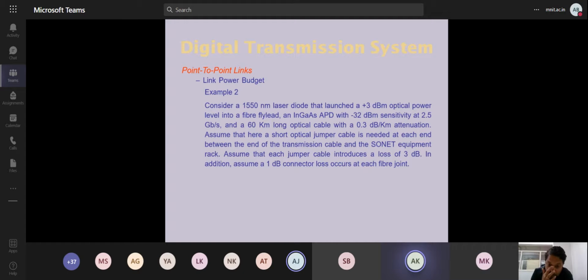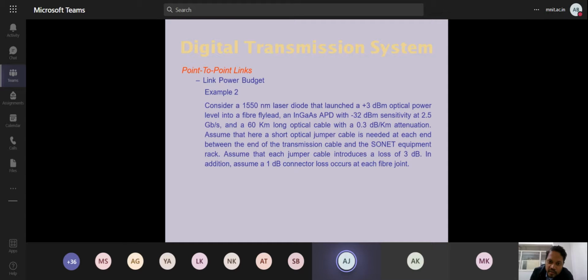Fine. Of course, here it says to assume that each jumper cable introduces a loss of 3 dB. You can also say that you're assuming this loss of 3 dB includes the losses because of the connectors. In such a case, there will only be two connectors. Clear?